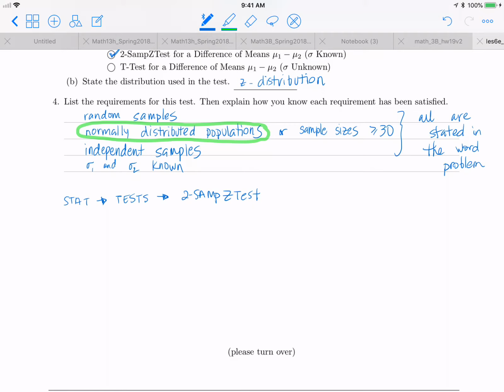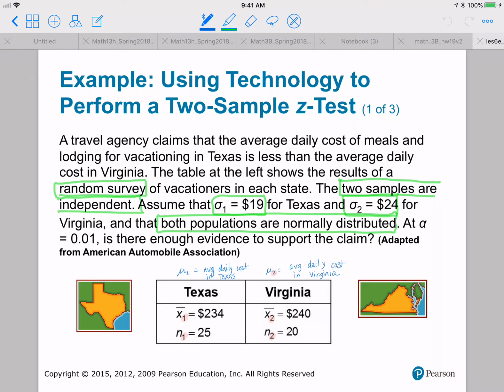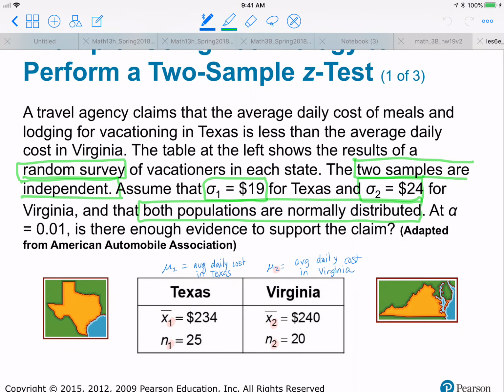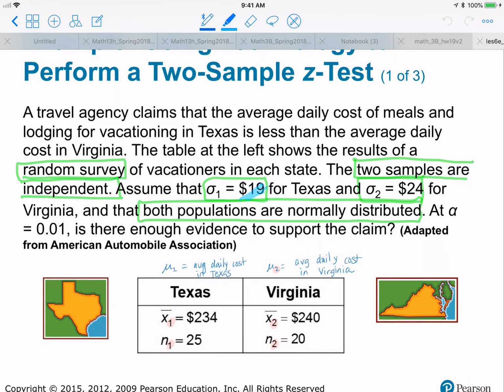And now your input, we're going to input statistics, right? So between data and stats, we're doing statistics, so select that. And then sigma 1 is going to be 19.